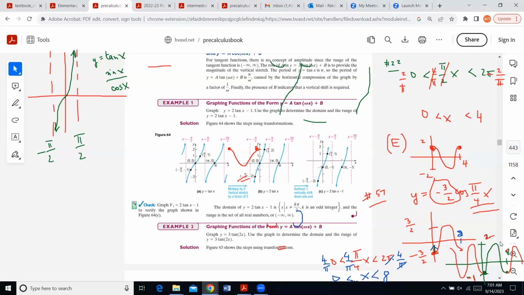So they graph various transformations of the function tangent. Like here, for example, they put a 2 in front. And when you double it, nothing really happens to the graph, just like if you ever saw the graph of x squared, and with respect to it, 2 times x squared.